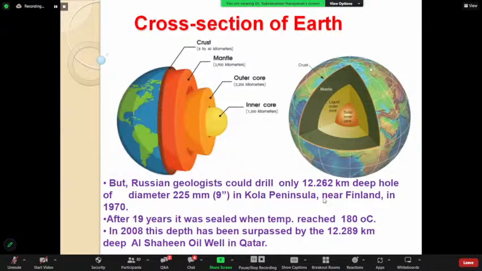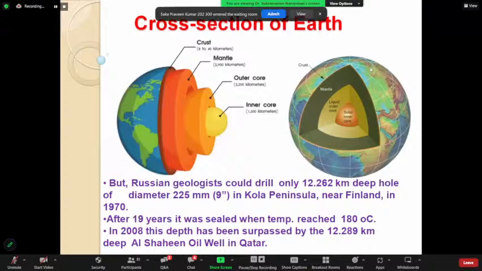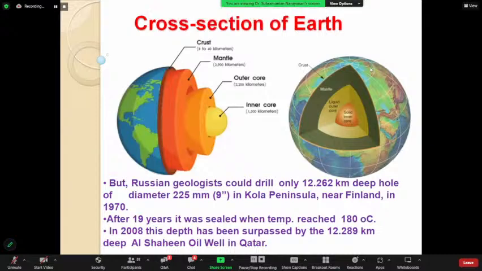Russian geologists could drill only up to a 12.262 kilometer deep hole, about 9 inches wide, near Finland in 1970, and after 19 years it was sealed when the temperature reached 180 degrees centigrade. In 2008, this depth was surpassed by a 12.289 kilometer deep oil well in Qatar.